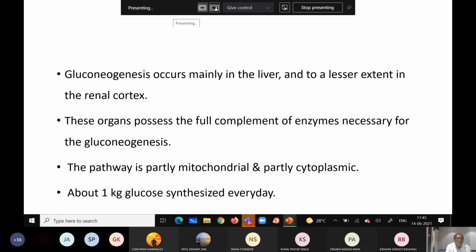We have also seen some of the regulations of the Krebs or TCA cycle, which happen at 3 stages. Finally, if more ATP is formed, the further reactions will be stopped or inhibited.